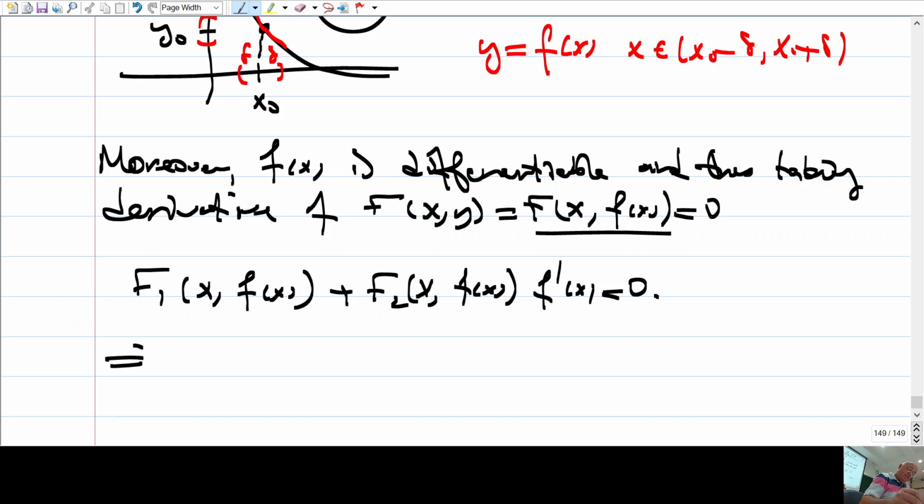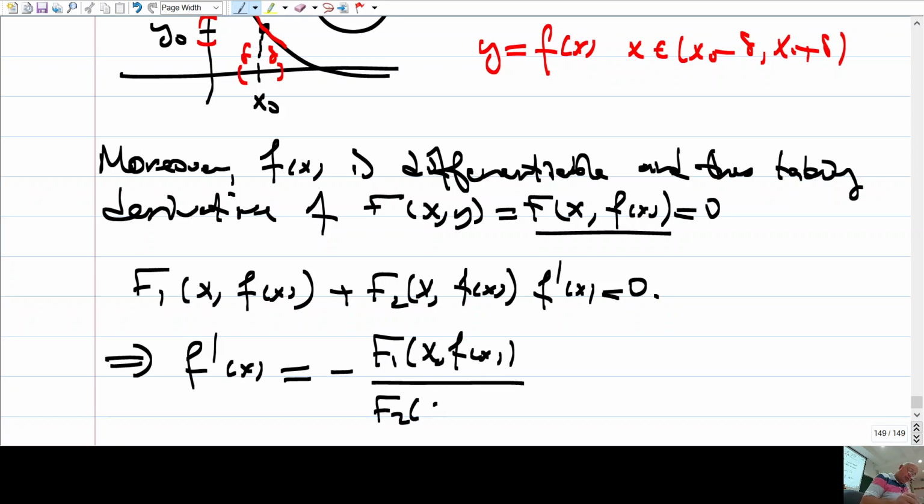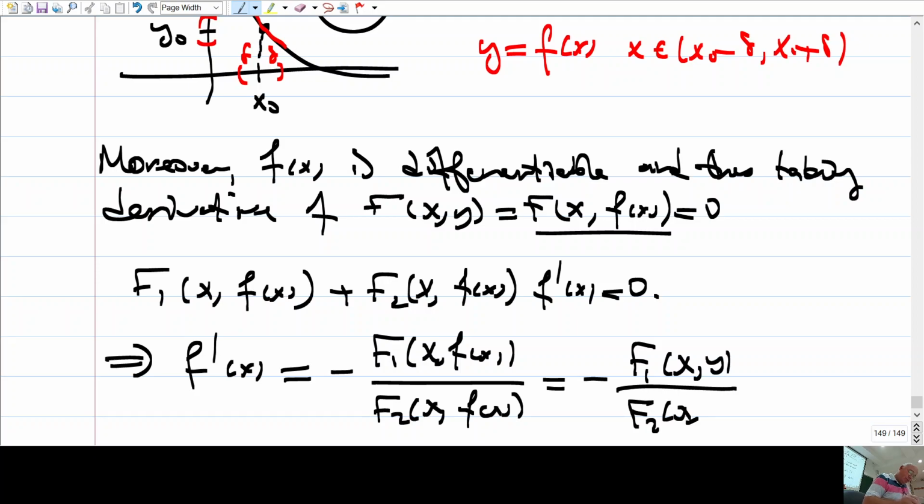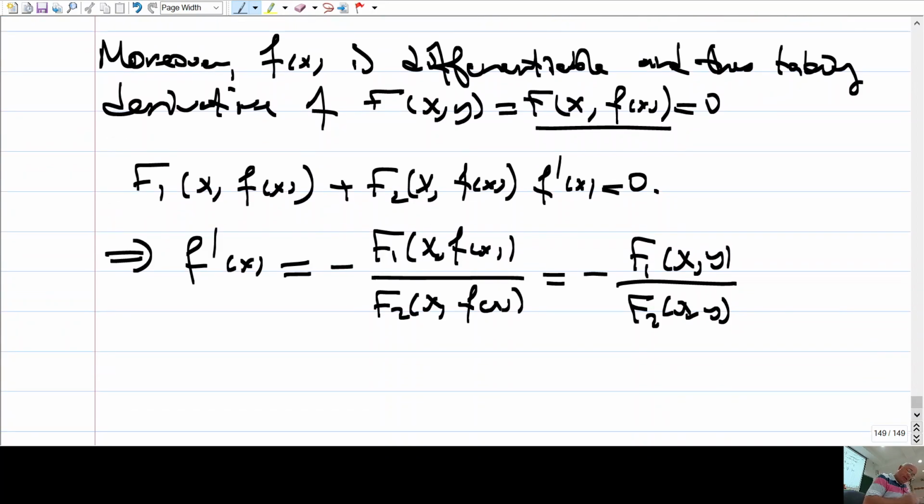And from this we get f prime of x is nothing but minus f sub 1 over f sub 2, evaluated at x, f of x. Okay.